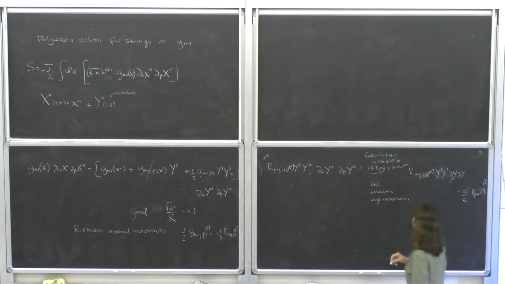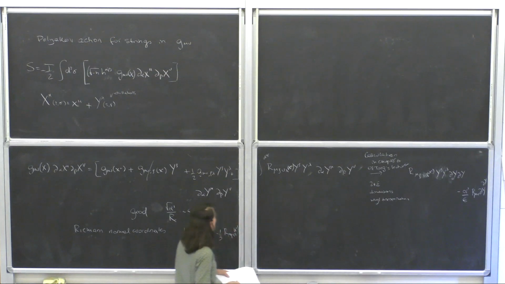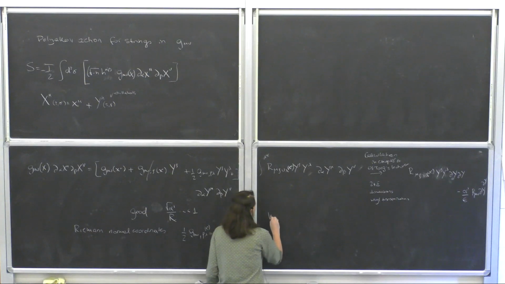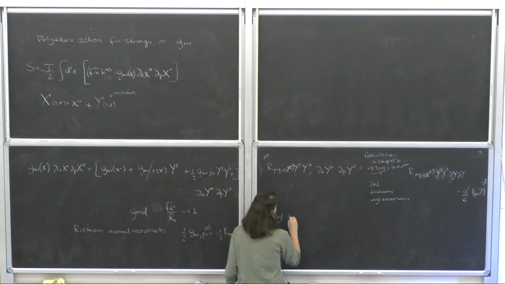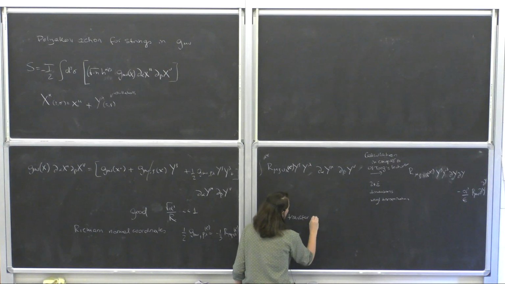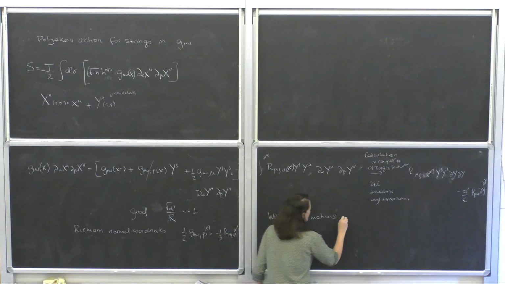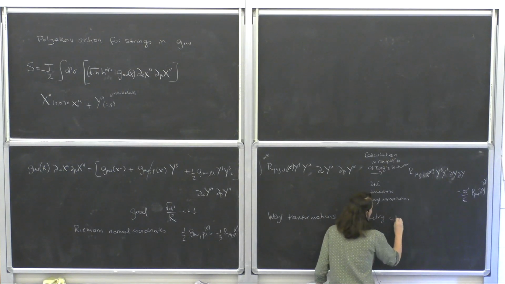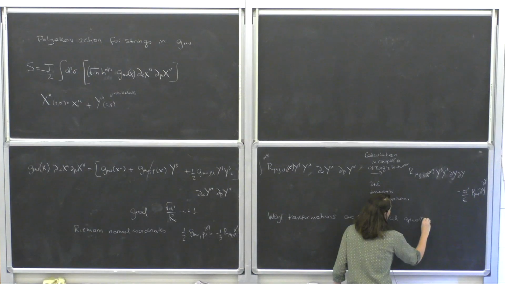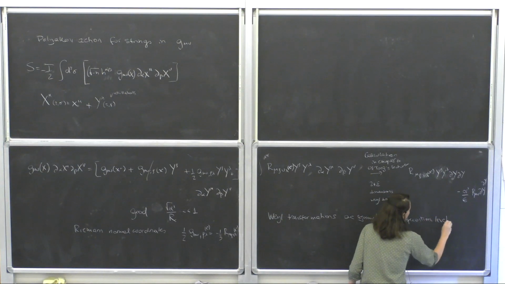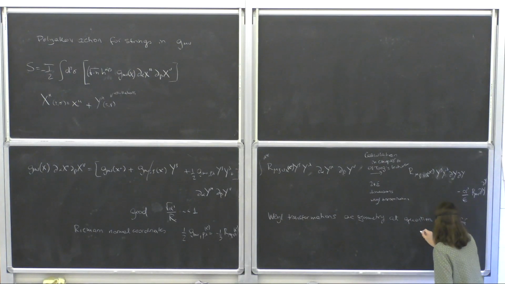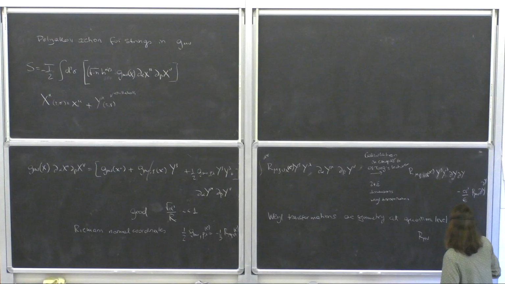Weyl transformations are a symmetry of the action at the classical level, but if we want the Weyl transformations to be a symmetry at the quantum level, we need R_{μν} equal to 0.